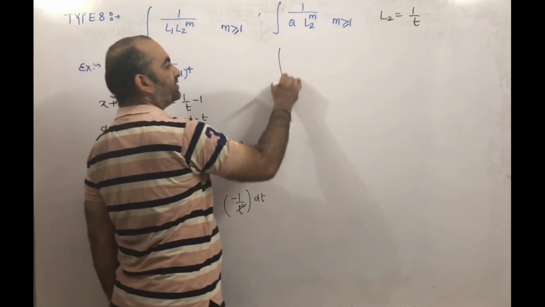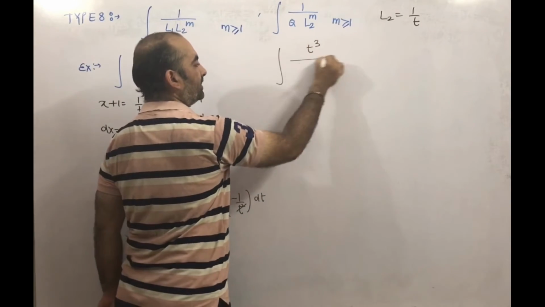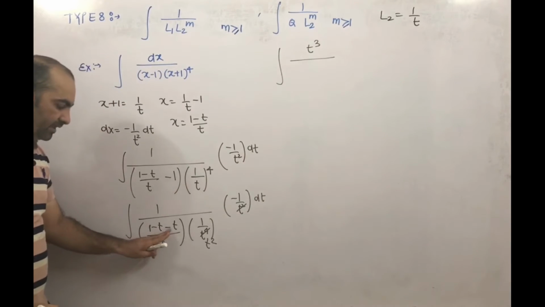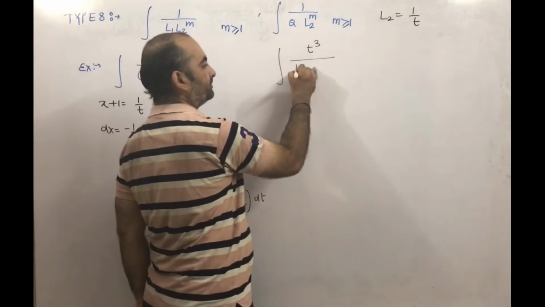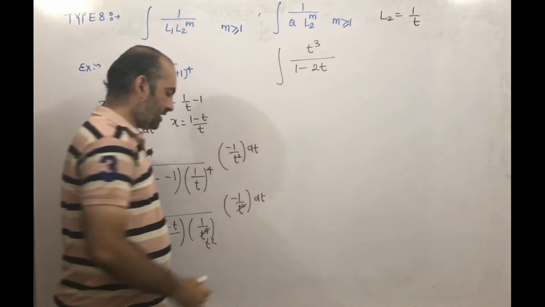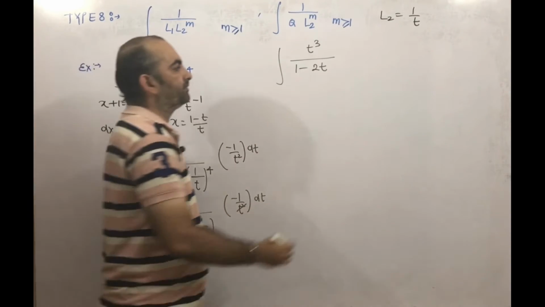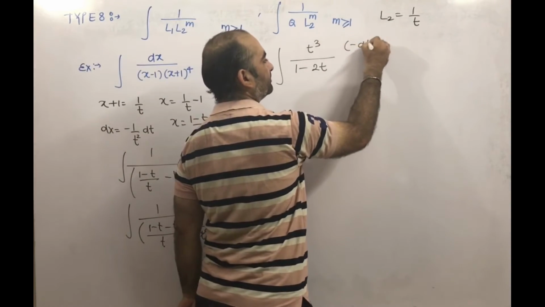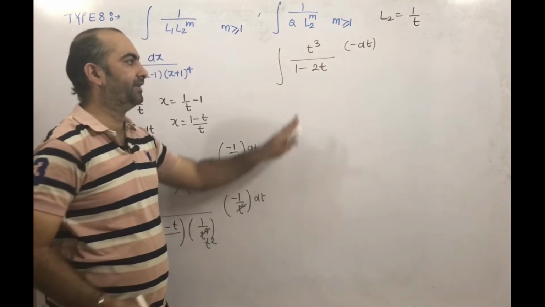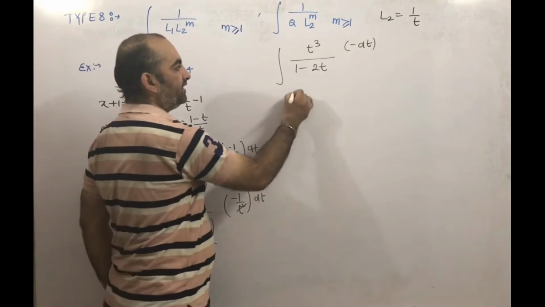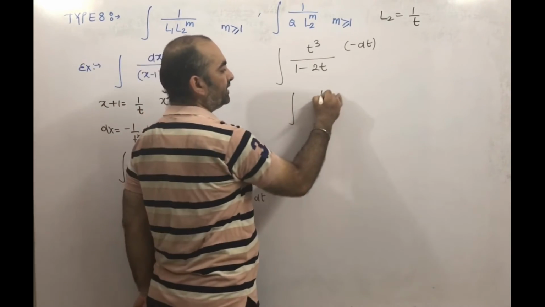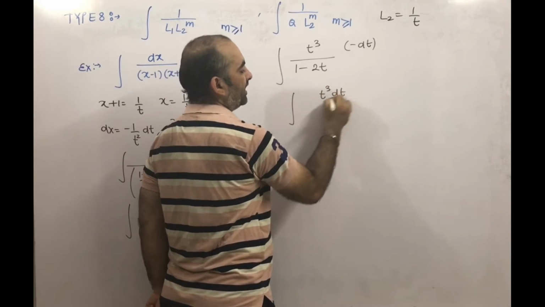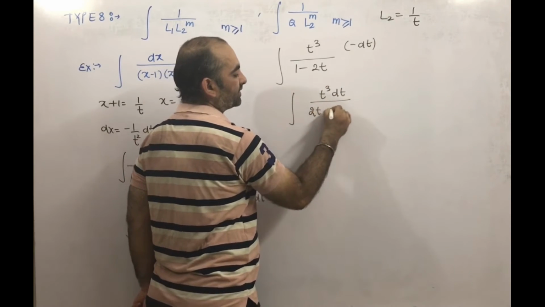So the integration of t cube divided by (1 minus t minus t), so 1 minus 2t, and minus dt. This minus we take outside, so it becomes the integration of t cube dt, and the denominator becomes 2t minus 1.